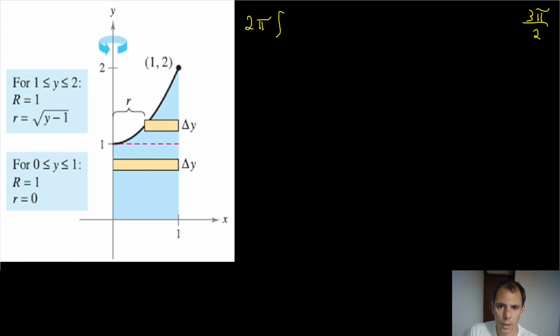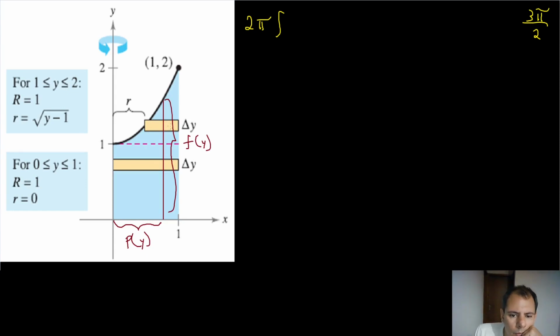I'm going to make a very thin bar like this, and we're going to think about that. So you have this distance here, and you have this distance here. They usually call this f of y, and they usually call this p of y.